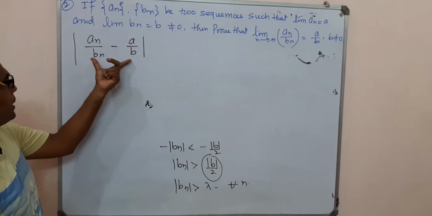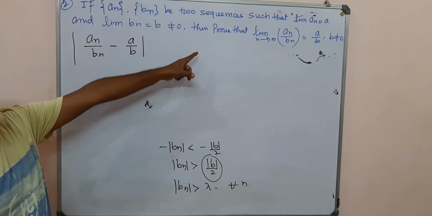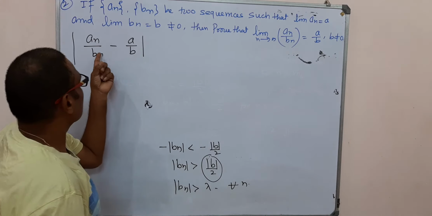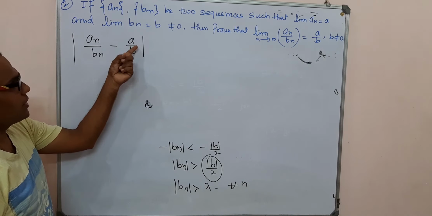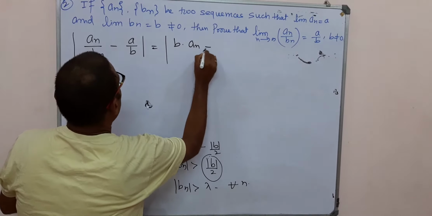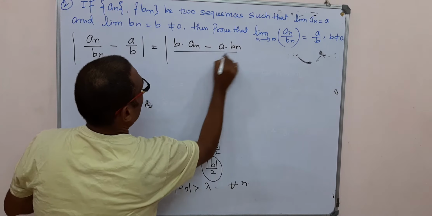If anyhow we can show that this distance is less than epsilon for all n greater than or equal to a given positive integer m, then we show that this limit exists, the limit as n tends to infinity of a_n upon b_n is equal to a by b. So this is equal to, we just simplify, b multiplied by a_n minus a into b_n upon a into b.